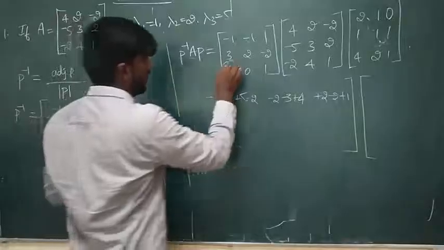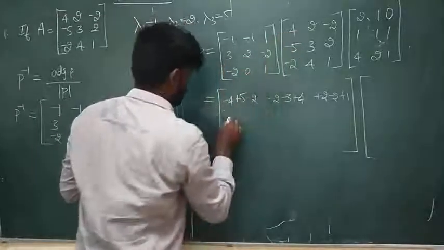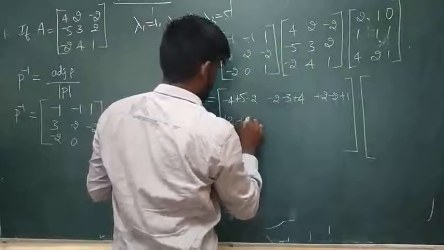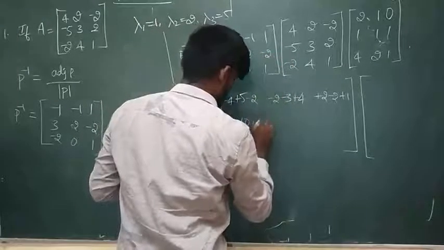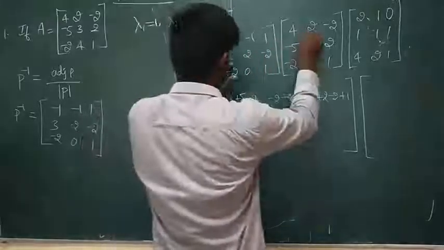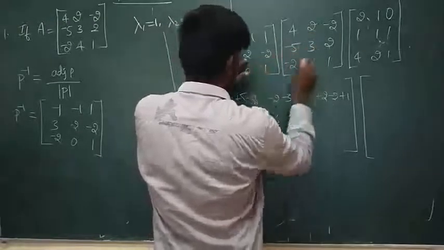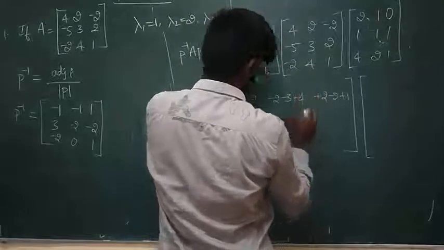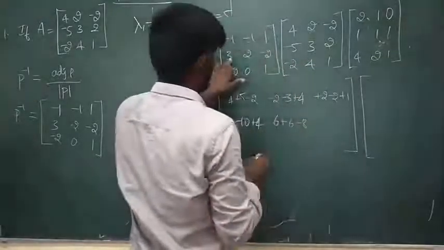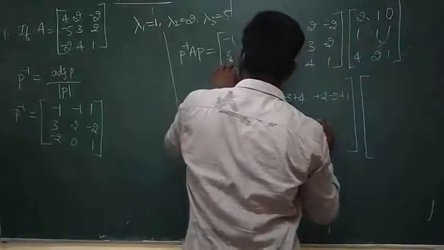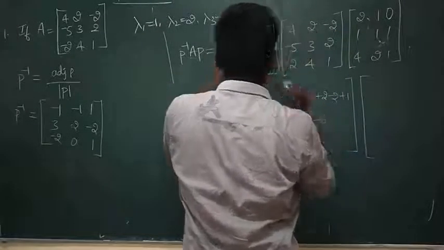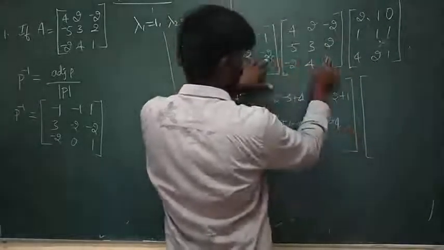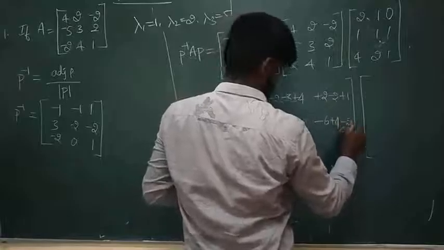And second row, 3 into 4, 12, and 2 into -5, -10, and -2 into -2 plus 4. 3 into 2, 6, 2 into 3, 6, and -2 into plus 4, we get -8. And 3 into -2, -6, and 2 into 2 plus 4, -2 into 1, -2.